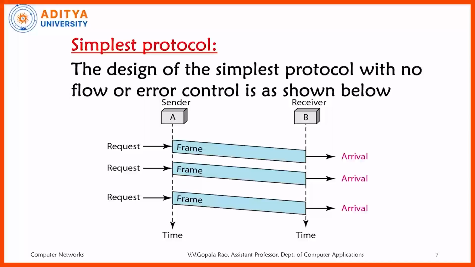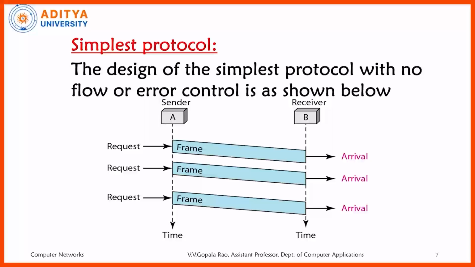Let us start with the first one. Here, the request is made by A, asking whether receiver B is ready to receive frames or not. Once the request is made and sender A gets the proper response from B, then A can start sending its frame.